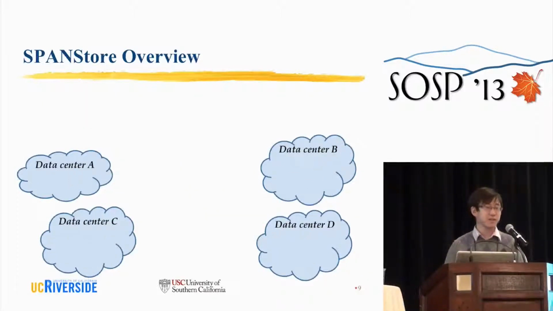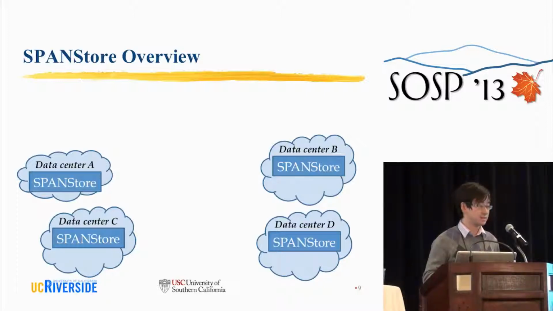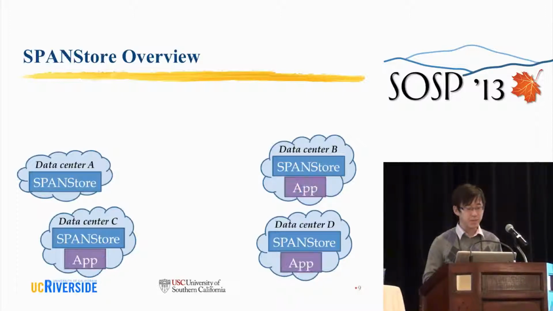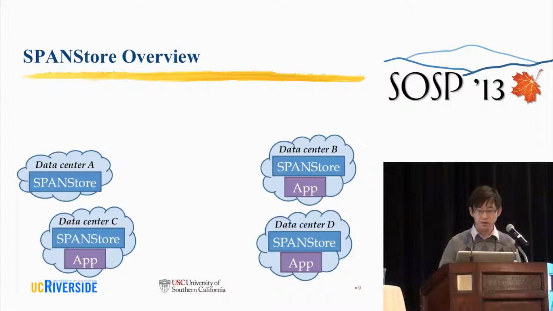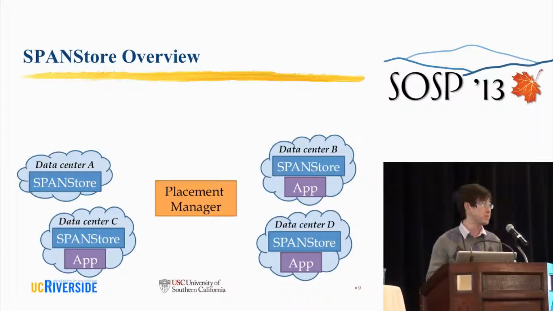In each data center whose storage is used by SPANStore, there are SPANStore instances. An application can be deployed on all or a subset of these data centers. To find the cost-optimal replication policy, SPANStore also runs a central placement manager. Time in SPANStore is divided into fixed-duration epochs.